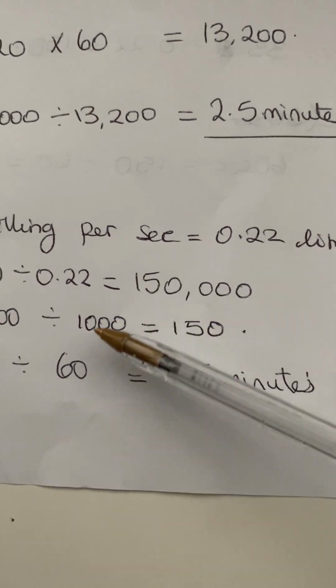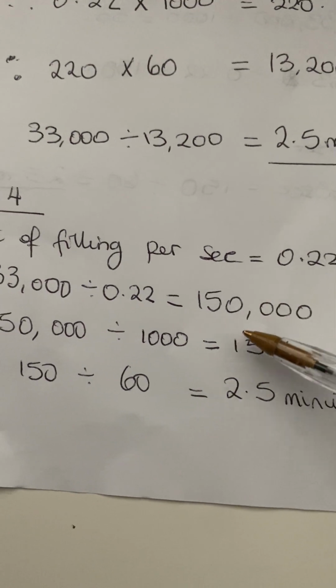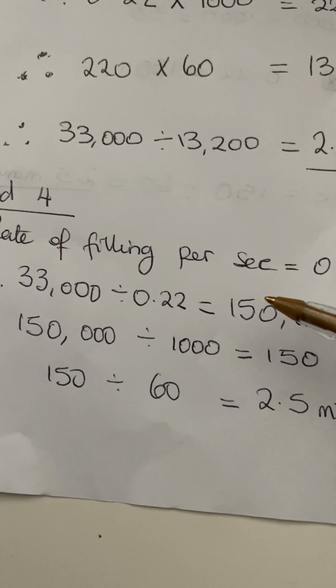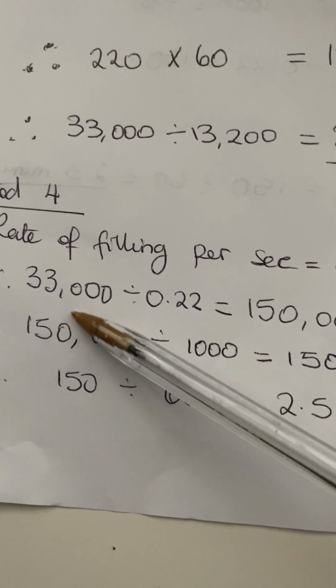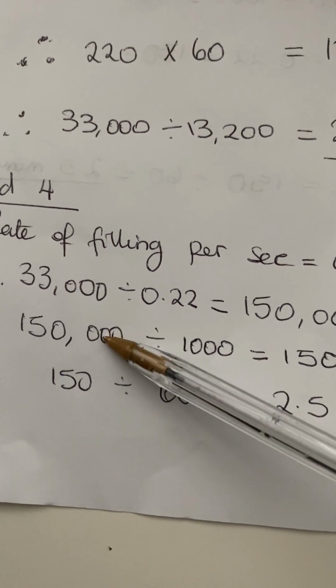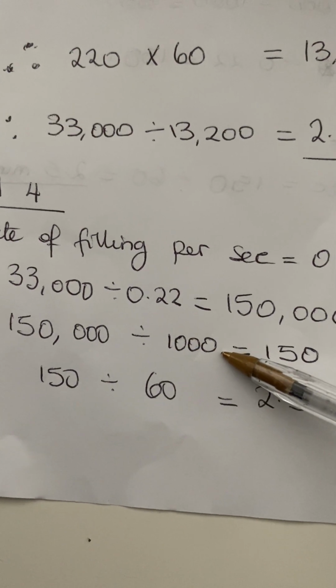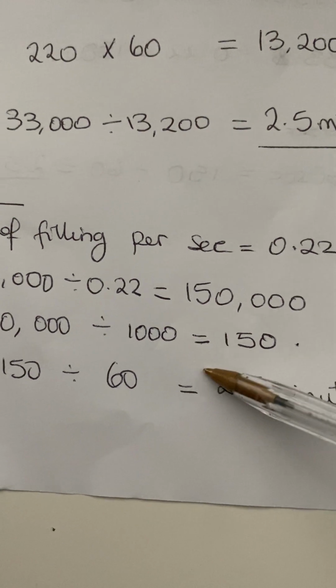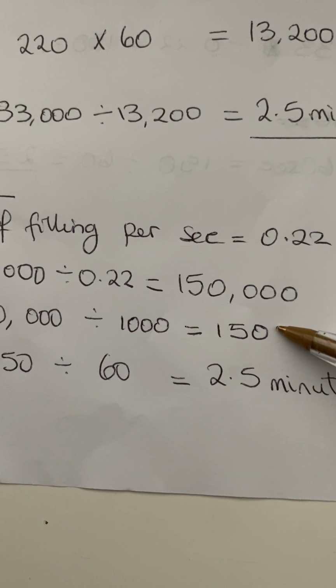Then 150,000 divided by 1,000, because it's in liters, will give you 150.